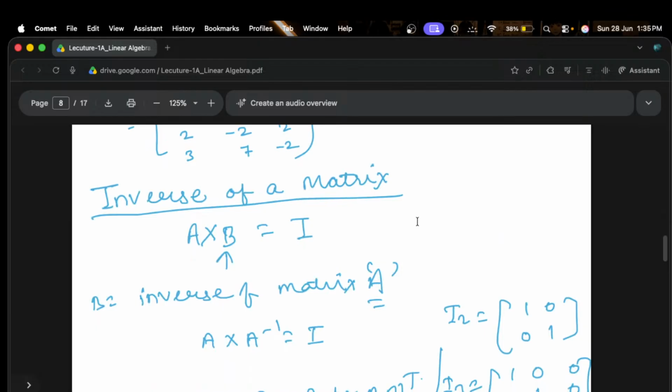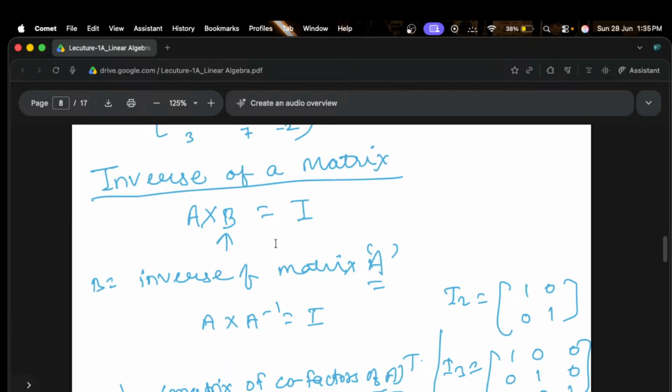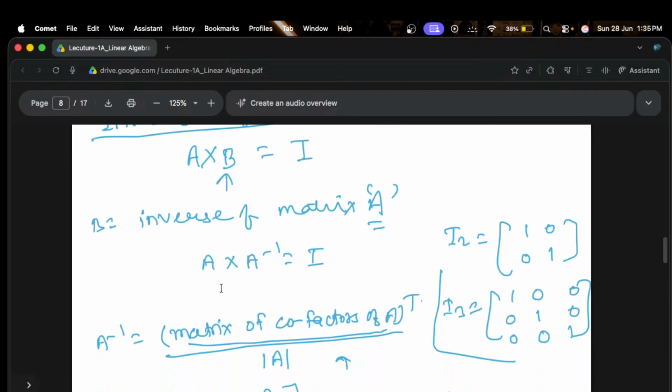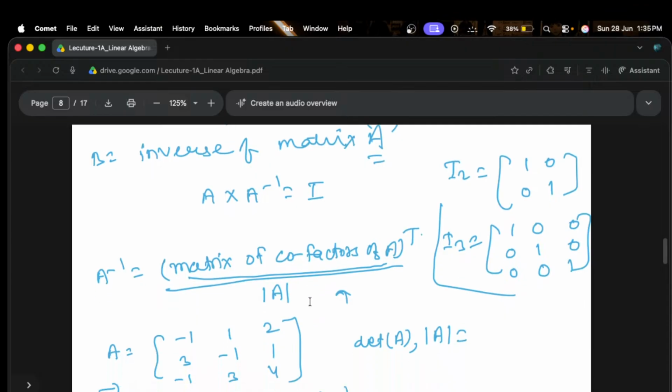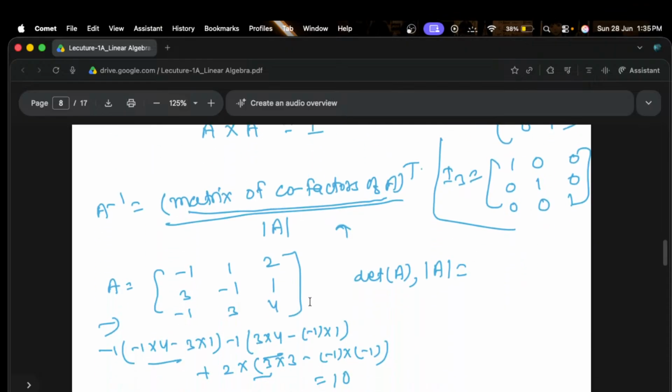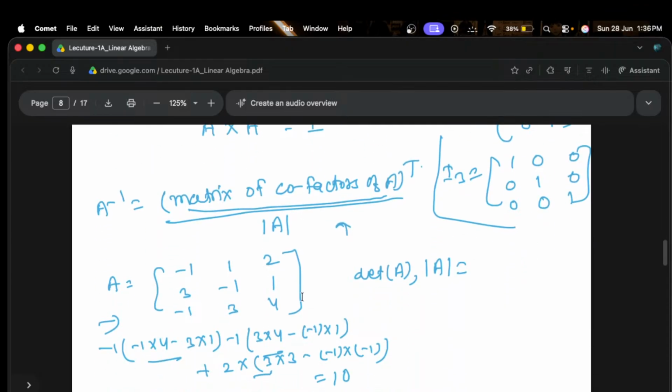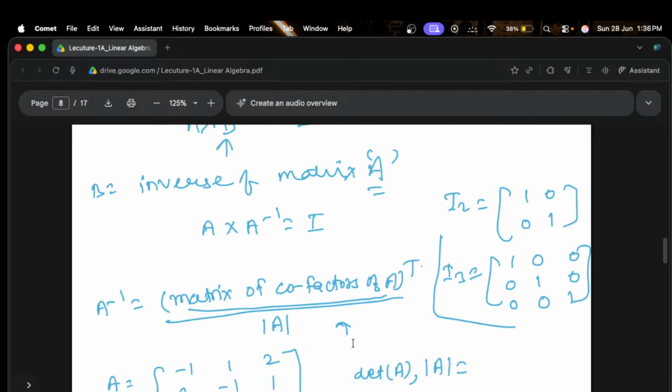So what is the inverse of a matrix? A cross B equals to, B equal to inverse of matrix A. Yeah, this is a sample for inverse matrix of cofactors of A. So A equals to this, we can find the determinant of this.